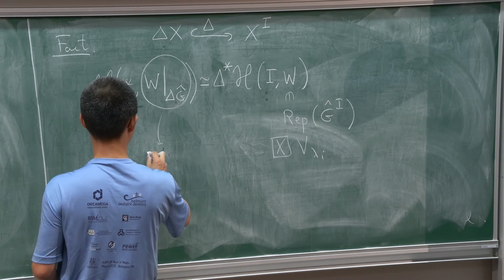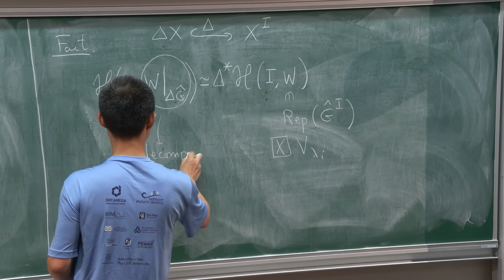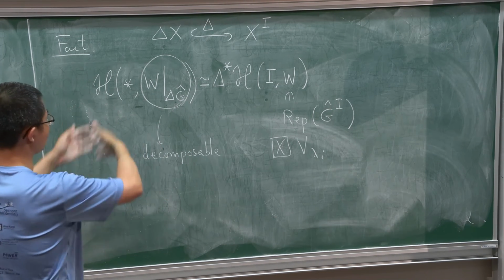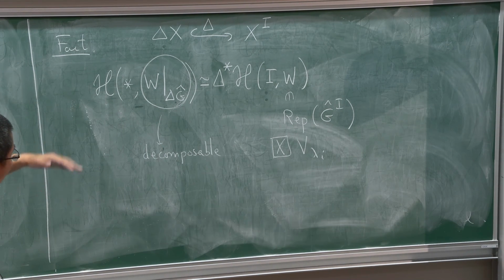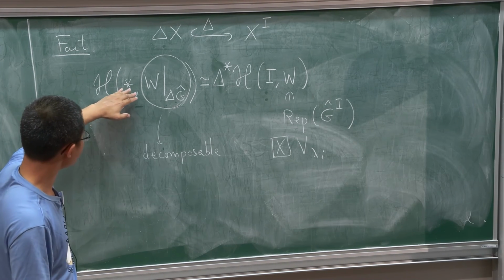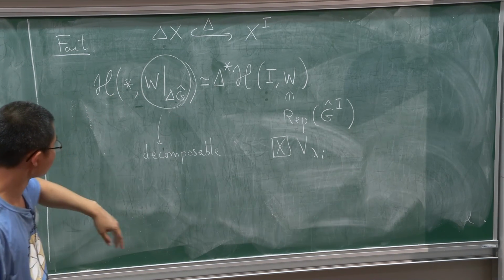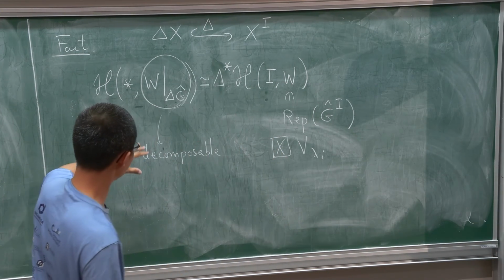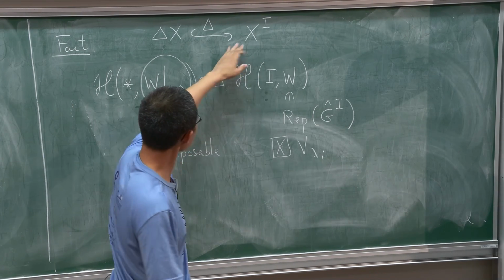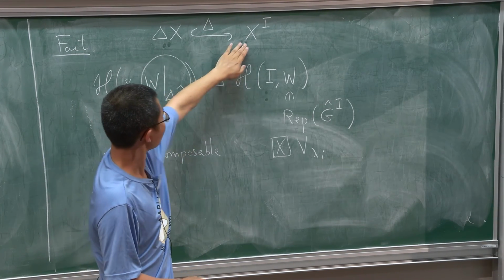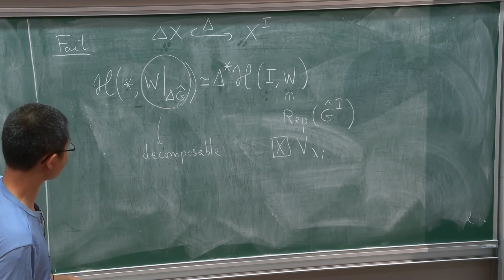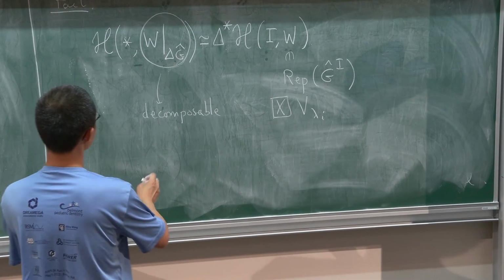So it's not irreducible. It has a tensor product decomposition. That means this sheaf is a direct sum of various H V lambdas. So it becomes more complicated, but the formula is extremely elegant. You restrict to the diagonal for your legs, and at the same time you restrict your representation also to the diagonal G hat.